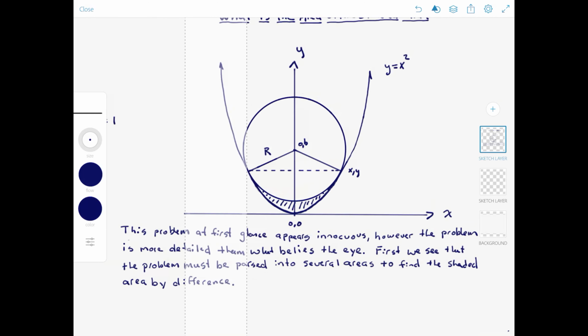So we have a rectangle that's formed by the points of intersect of the circle and the parabola, and that leaves other areas that we're going to have to solve for in order to find that shaded area, the area between the circle and the parabola.